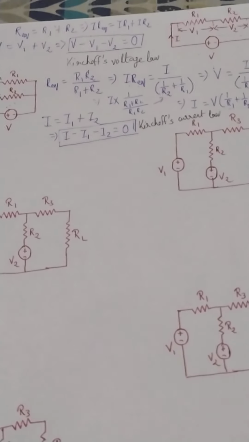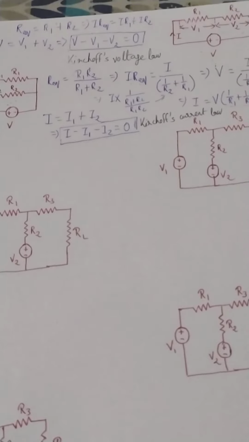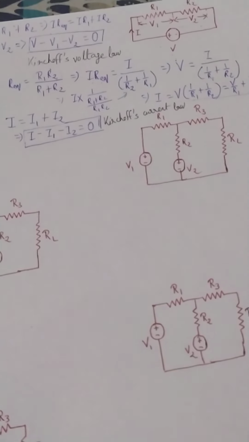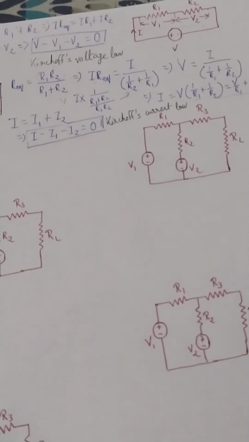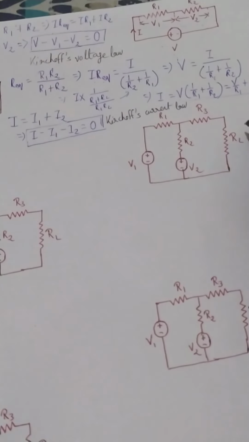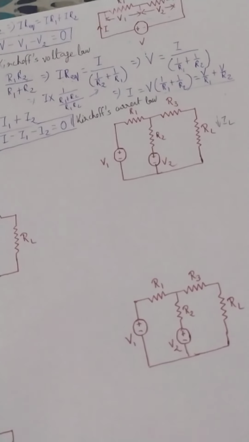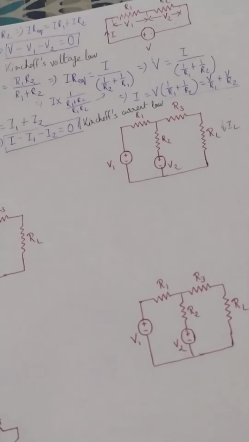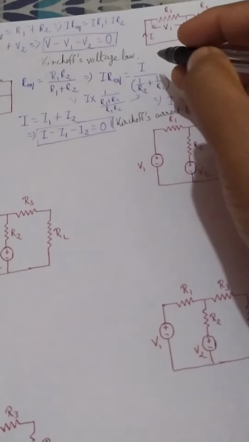Now, suppose I want to apply this knowledge to a particular circuit, to solve for the current through this load resistance. So our objective is to find IL, using Kirchhoff's law. We have two Kirchhoff's laws, KVL and KCL.